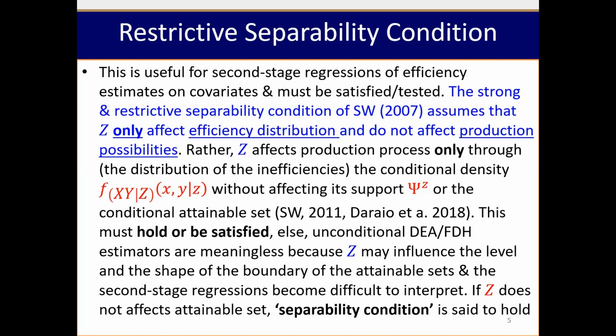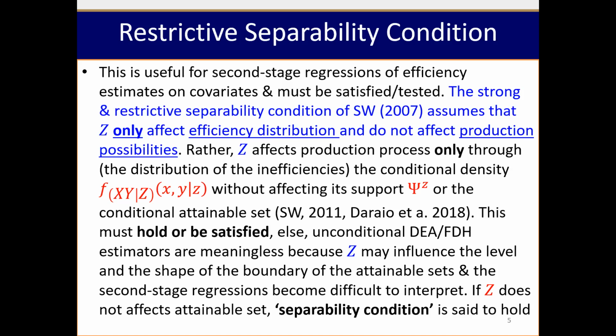So all of these estimators become useless if the separability condition doesn't hold, if it is not clear that there is a separation between the Z variable and the production possibilities. Once you get the scores, they become meaningless because the Z may influence the level and the shape of the boundary of the production possibility set. And therefore, if you don't satisfy this separability condition, the second stage regression becomes difficult to interpret.